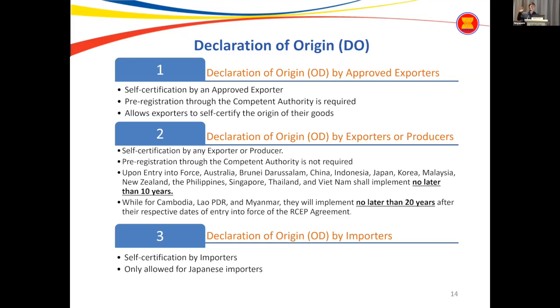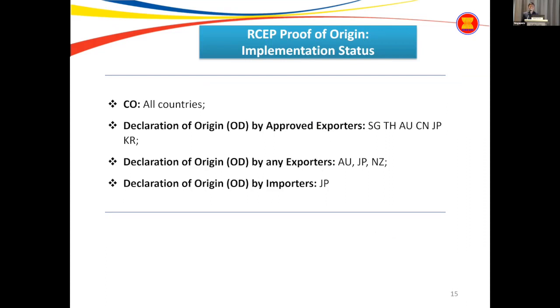And the traditional way is CO. Currently, the status for CO is that all countries implemented it because it's the traditional and standard way. For the declarations of origin by exporter, only Singapore, Thailand, Australia, China, Japan, and Korea implemented.